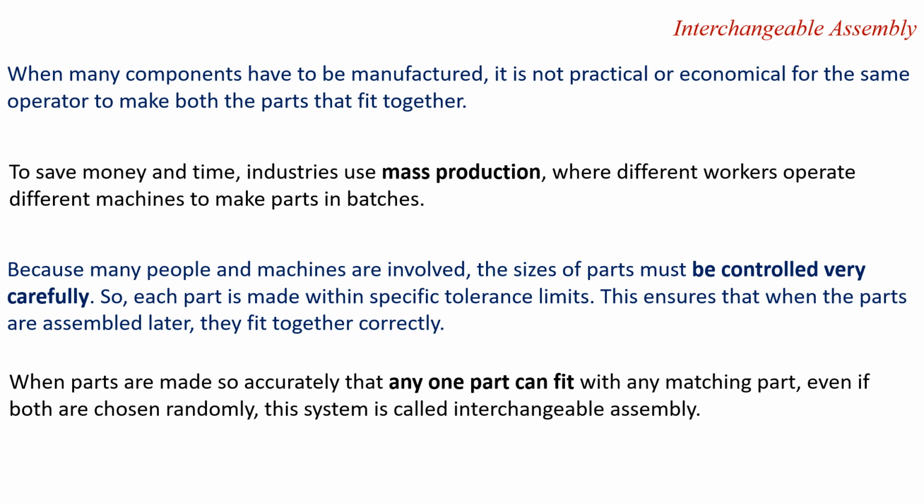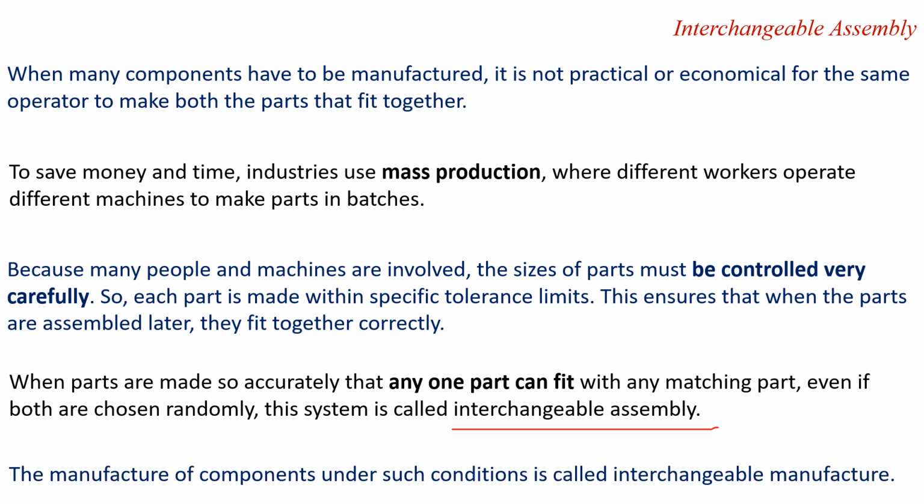So in the interchangeable assembly, while fitting any components, you randomly select any two mating parts, and these two mating parts do not make any problem during the fitting. So the manufactured component under such conditions is called the interchangeable manufacture.